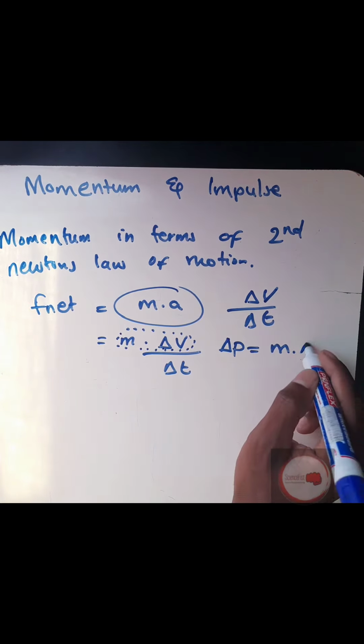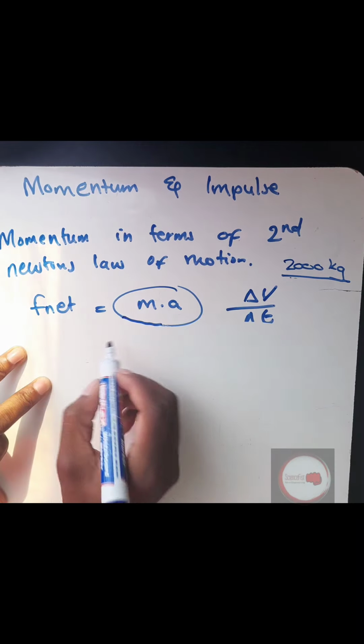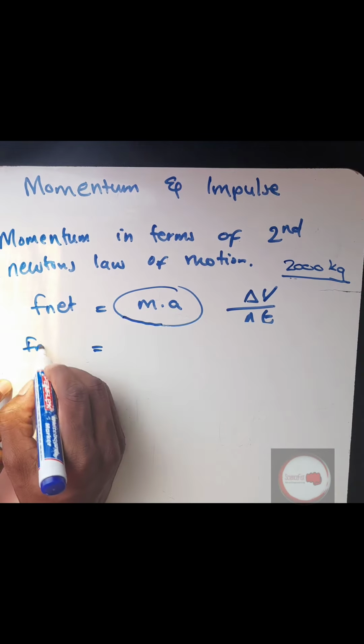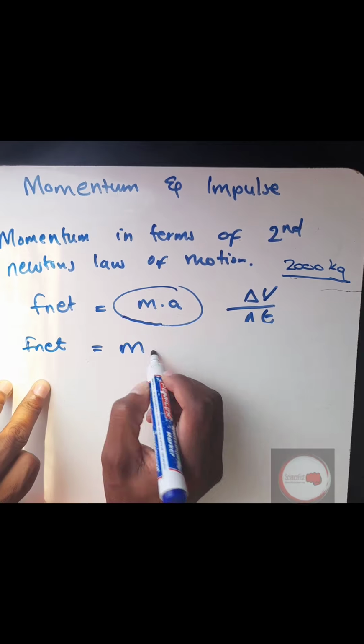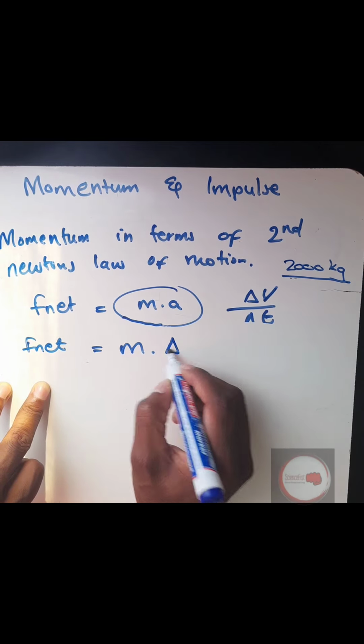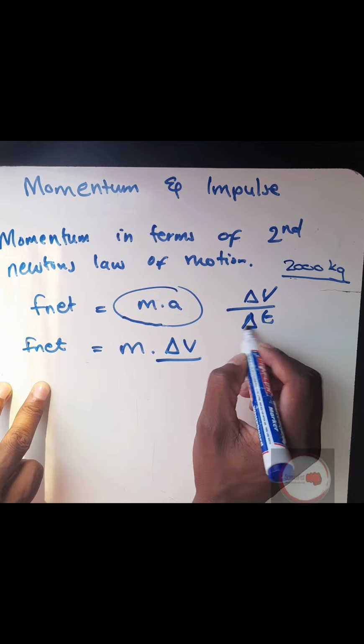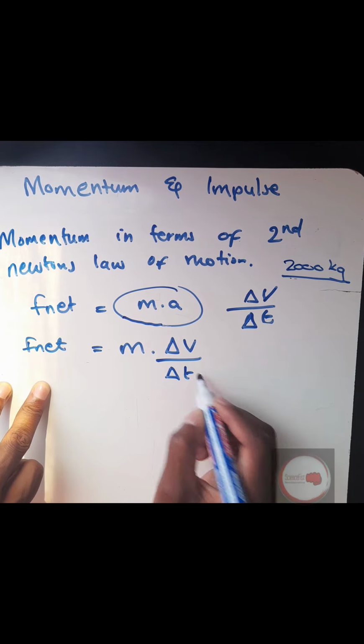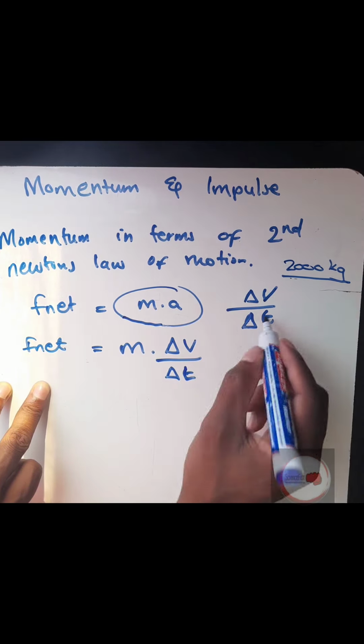Okay, so now we will say F net is equal to m, and now remember what I said, in terms of a, we're going to write delta v divided by delta t. Okay, we know this, that's the definition of acceleration.